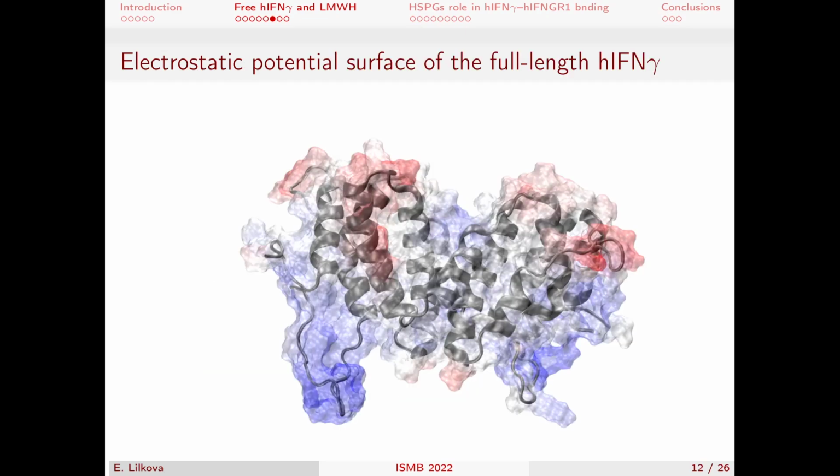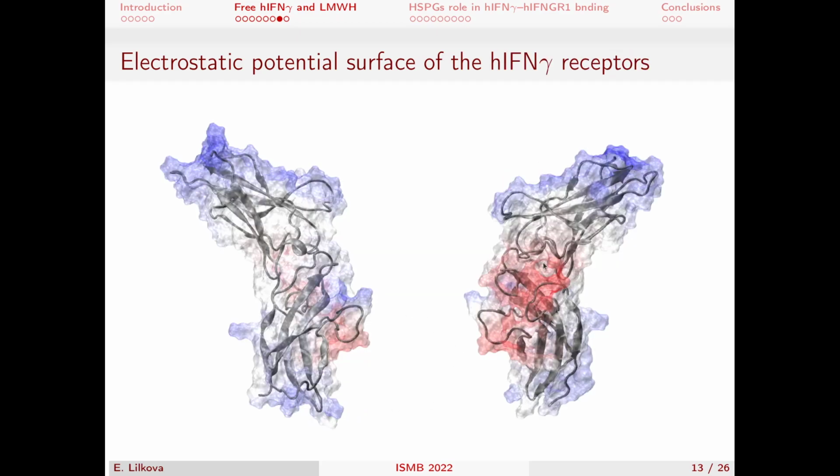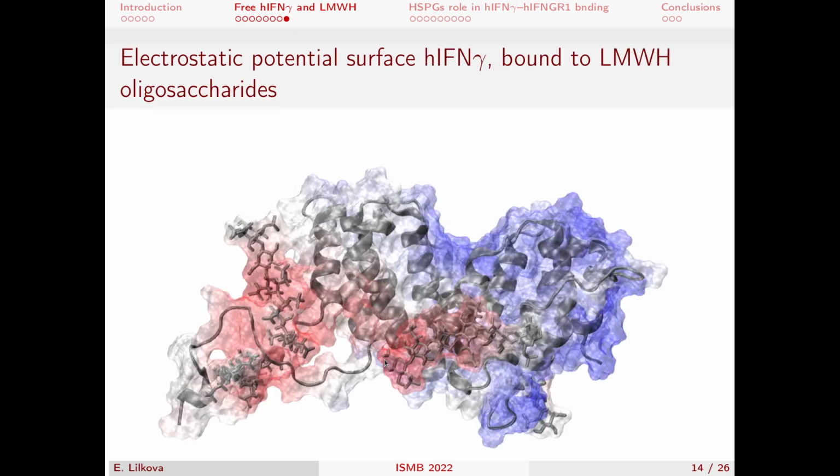This complex between the cytokine and the 4 heparin chains has no longer a positive charge, but a negative net charge. This is the electrostatic potential surface of the cytokine, the full-length human interferon gamma free in a solvent. As you can see, we have a local positive charge density at the bottom part of the globule, which compensates the negative charge density here in the receptor subunits.